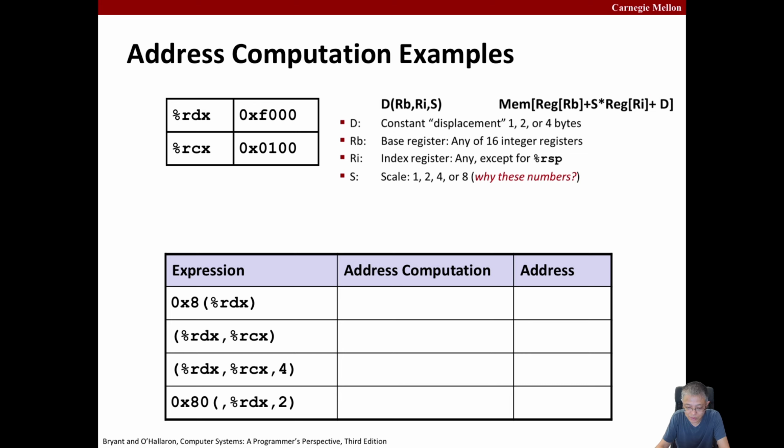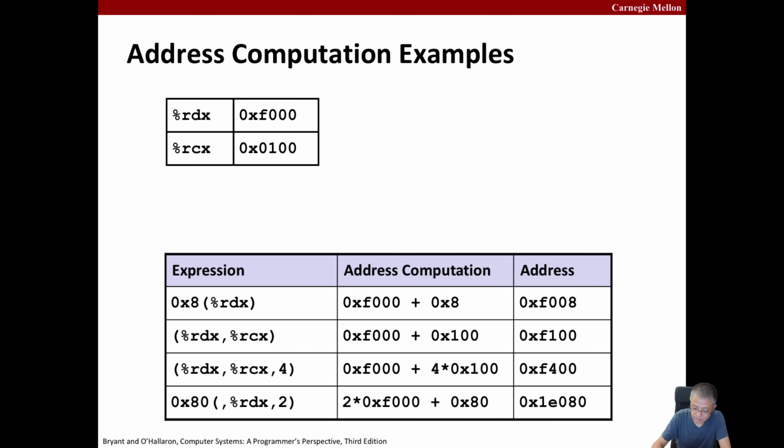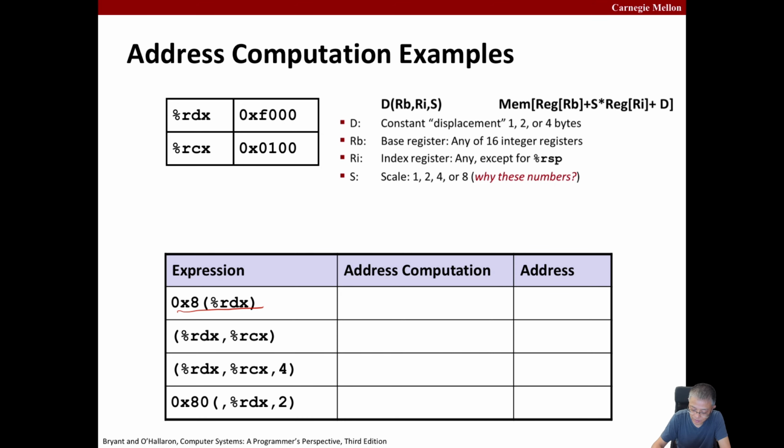Here we have an example of this computation. So for example, this one, the address will be RDX. Here, this will be RDX plus 8. Here will be RDX plus RCX. This will be RDX plus RCX multiplied by 4.